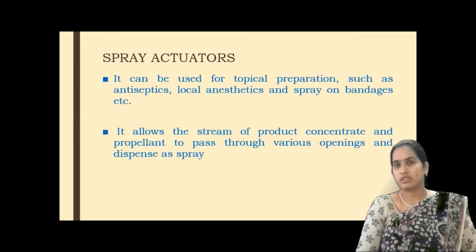Especially these spray actuators are useful in topical aerosol preparations where we need to deliver the product in a thin fine spray. It allows the stream of product concentrate and propellant to pass through the various openings and dispense as fine spray.